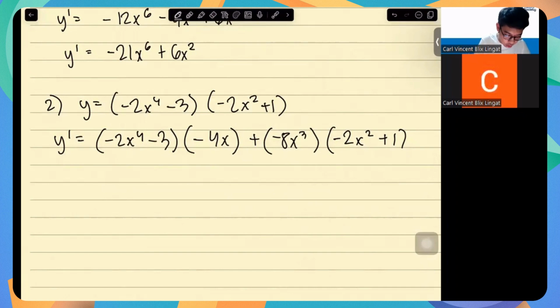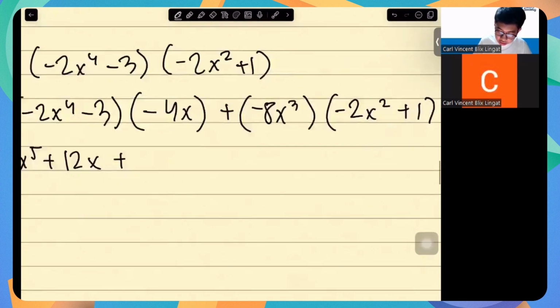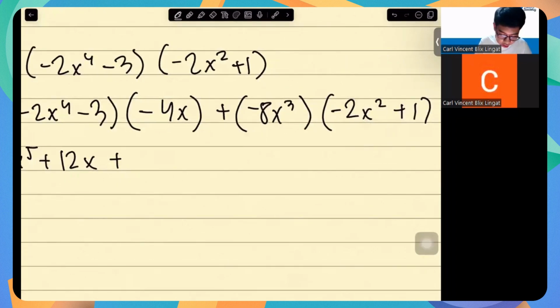So y prime is equals to, what is negative 4 times negative 2? That's around positive 8. So 8x raised to 5 plus 12x plus negative 8x cubed times negative 2x squared. That's around positive 16x raised to 5 minus 8x squared, x cubed rather.